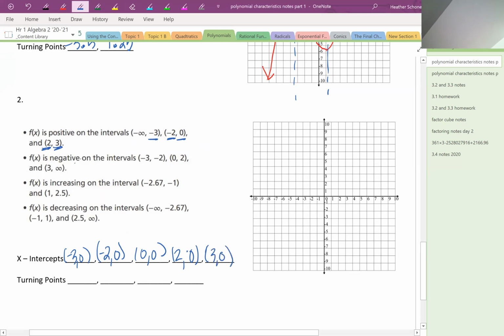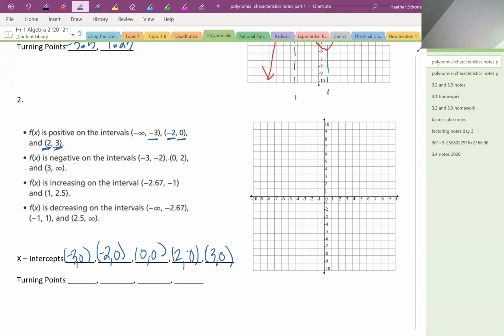Remember, you can read it off positive or negative because these are the exact same numbers. Look here, -3, -2, 0, 2, and 3. You don't write the infinity down. And remember, these are not ordered pairs, they're intervals. So they're saying it's positive from this number to this number on the x-axis.